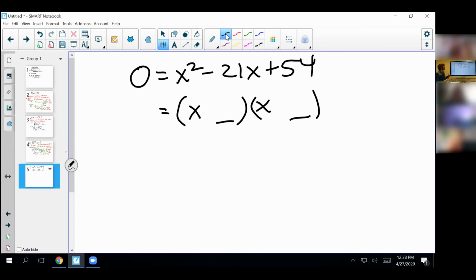It's also divisible by 2. 2 times what? It'd be 2 times 27. That's not quite right. But eventually you're going to come up with maybe 3 times 18 is 54. And if you subtract those, they add to 21. Great. So we get x equals 3, x equals 18.